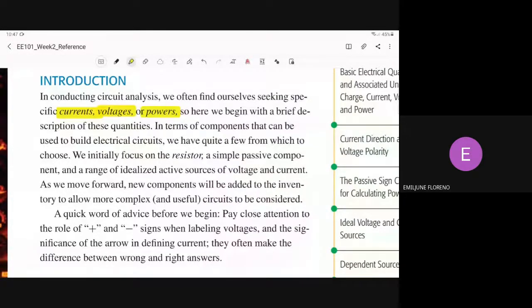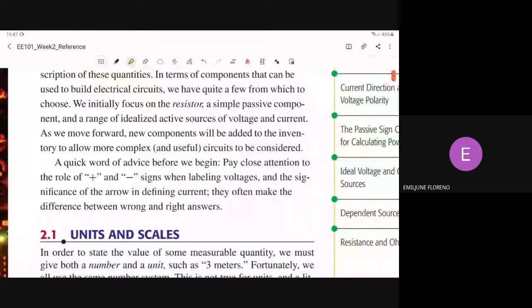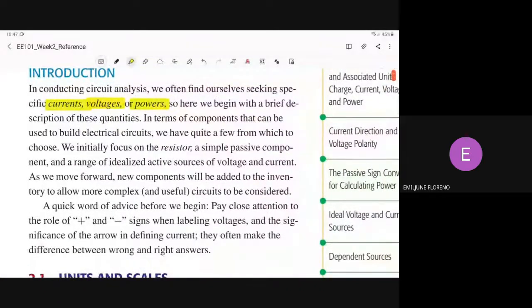Okay. So moving forward, in order for us to appreciate the nature and behavior of electrical circuits, we also need to familiarize ourselves with the basic components, such as resistors. Okay, this is not new to you. We also have batteries, voltage, and current sources.